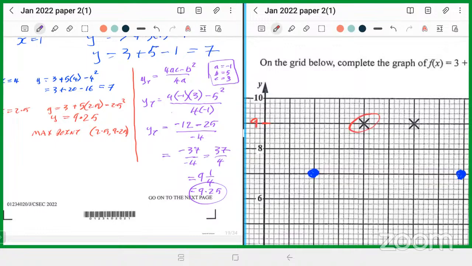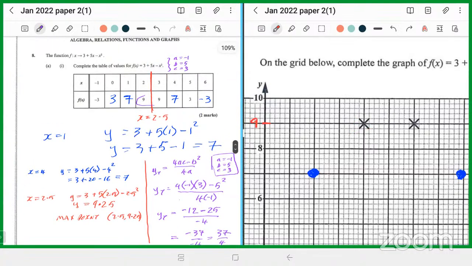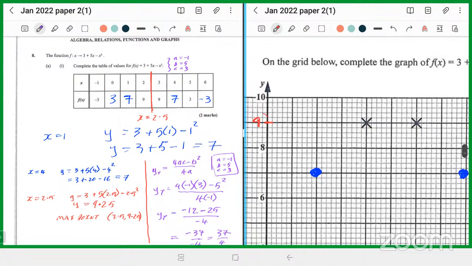That's why we have these two points where they gave us the y value of 9, see there, these two points for 2 and 3. We're looking for 9.25. Since this is 9 and this is 10, right here would be 9.5, halfway between 9 and 10. So 9.25 is halfway between these two. You can estimate it to be maybe around here.